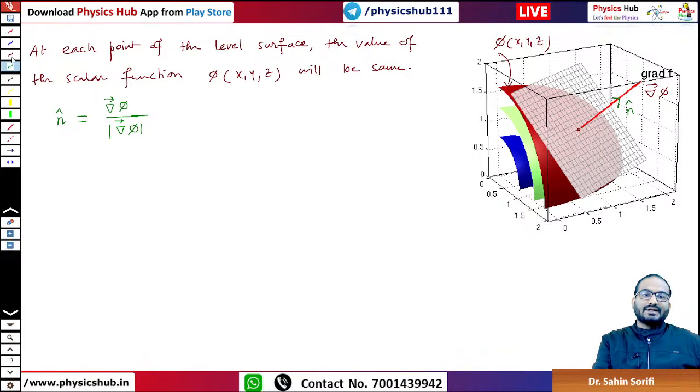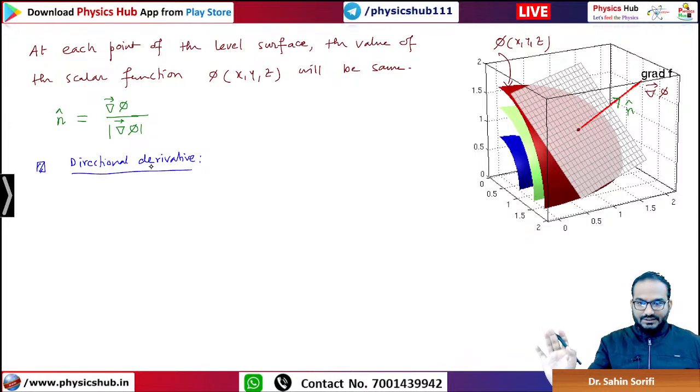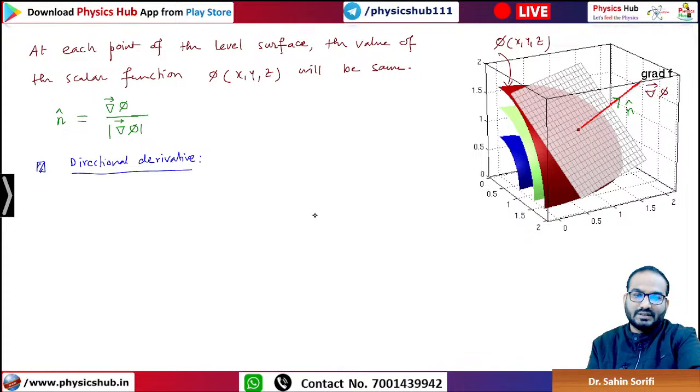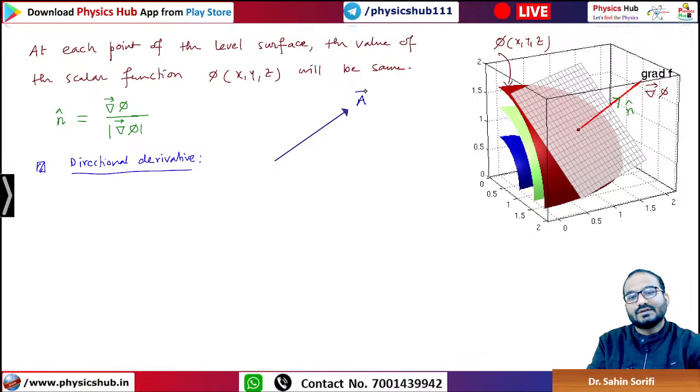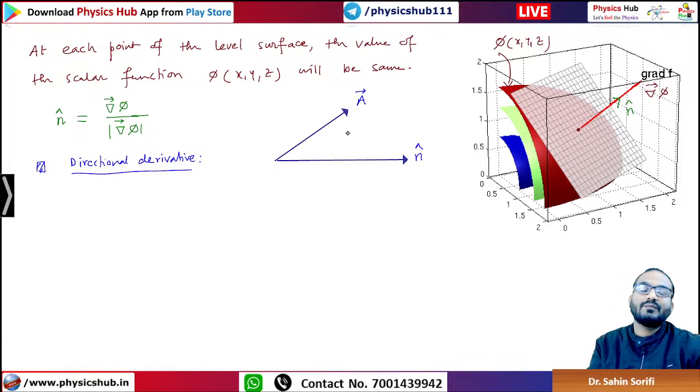Now let's talk about a directional derivative. It's a simple thing, directional derivative. In alternative language you can understand it is like derivative along some particular direction. Let me give you first an example. Like if you have a vector A, let's say, if you want to find out a component along any arbitrary direction, let's say n cap may be anywhere.